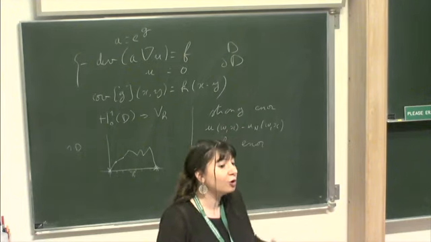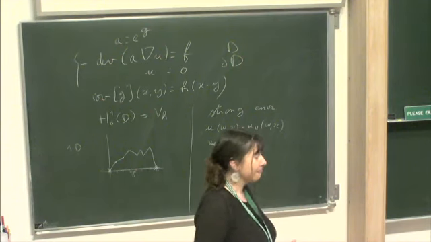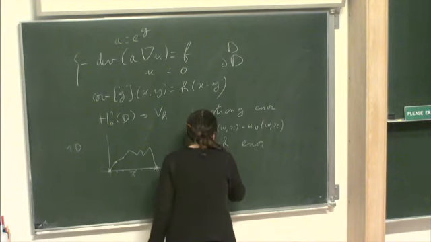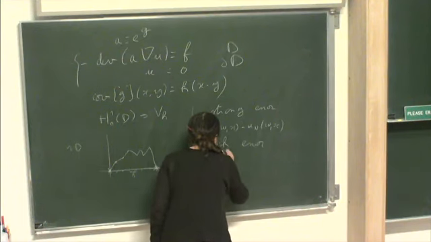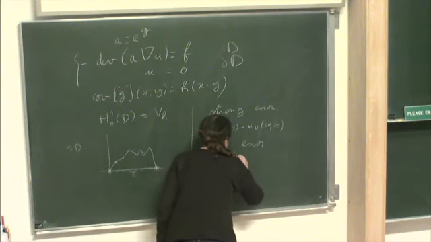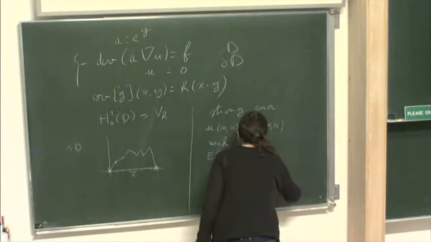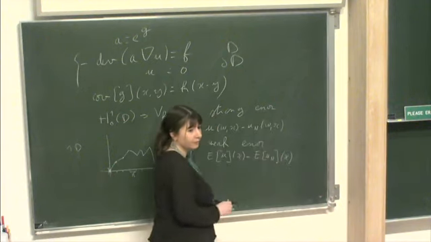We don't want to compute the value for a fixed omega. We want to compare the law, for example the expected value of U at x and the expected value of Un at x.